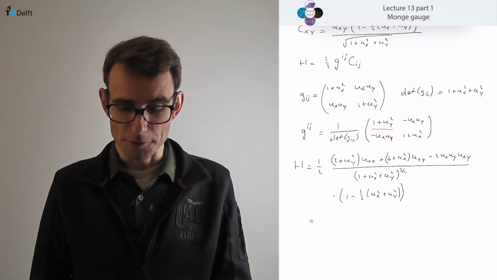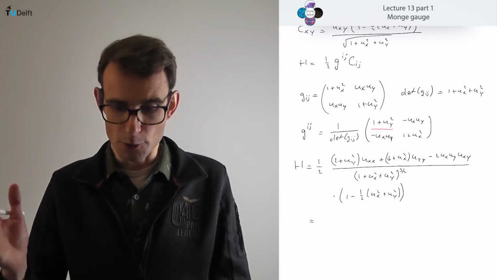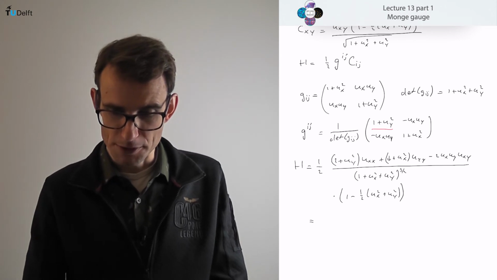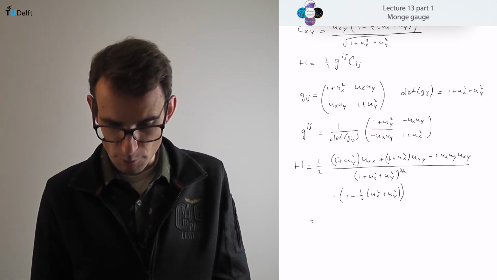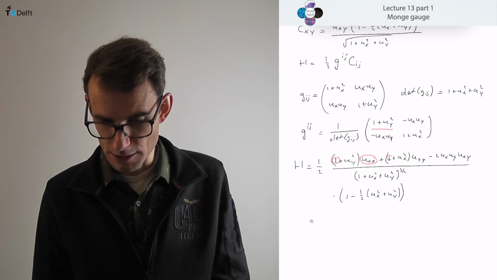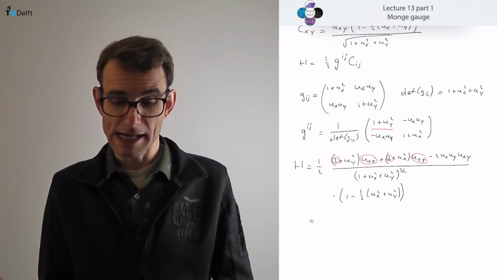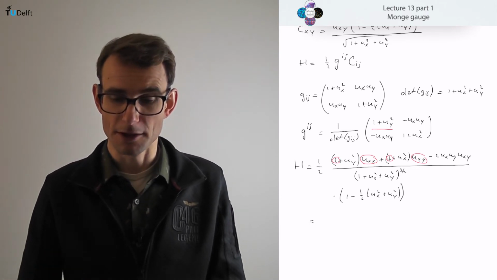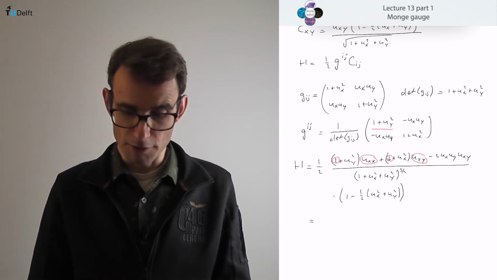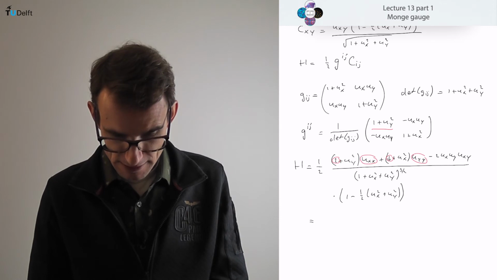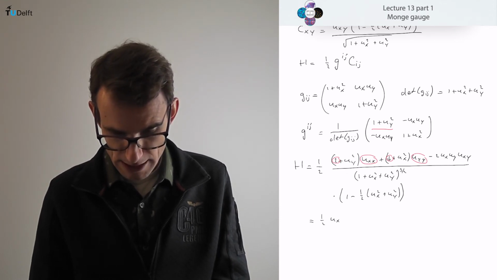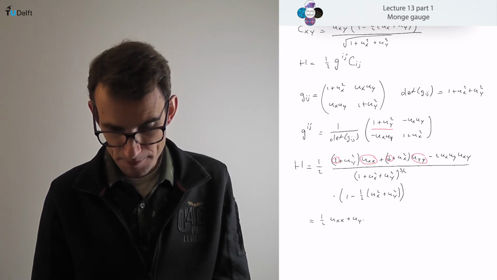But then there are 2 terms that are only linear in u and its derivatives, and those 2 terms are the ones that we get from the 1 times uxx and the 1 times uyy. Then there are no quadratic terms, and the next order terms are cubic, and so we're going to drop those. What we're left with is 1/2 times uxx plus uyy.